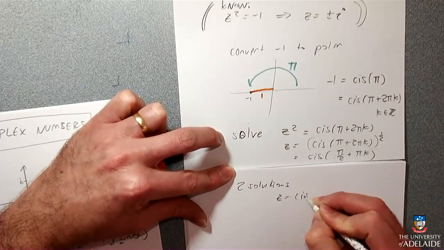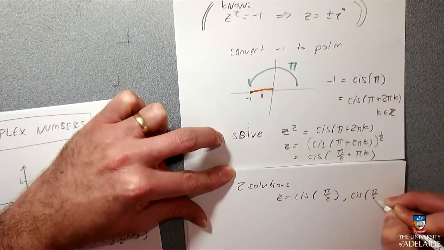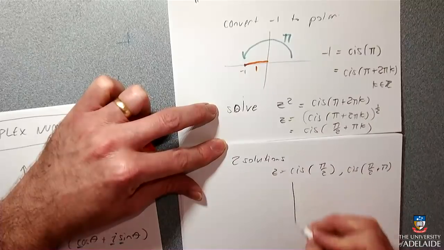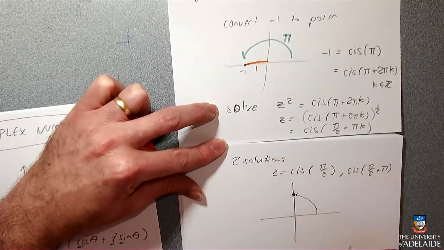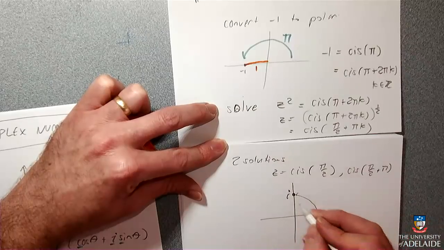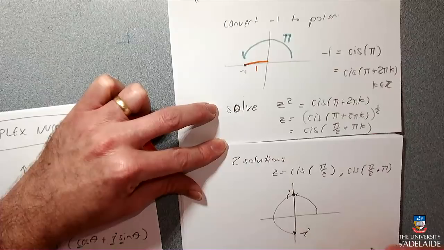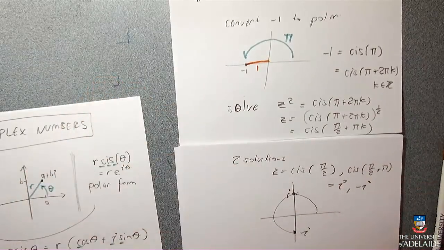Z is cis of pi on 2, and cis of pi on 2 plus pi. You ready? Pi on 2 is there. That's where i is. Plus another pi is there. That's where minus i is. So this is i and minus i. Just to really ram home what's going on here.